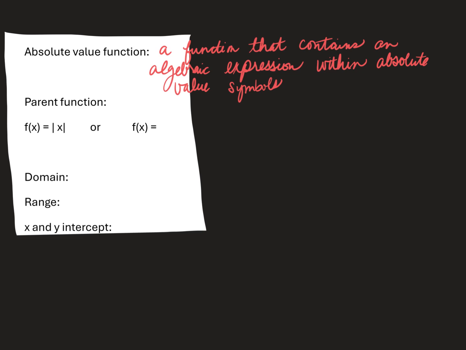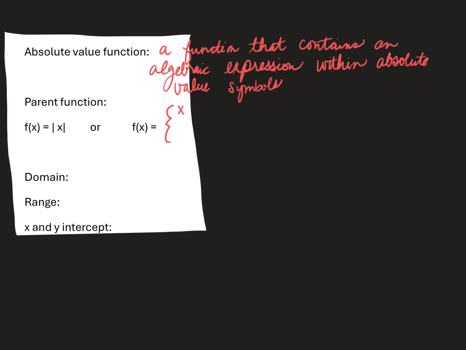The parent function for an absolute value function is f of x equals the absolute value of x. Or it can be written as a piecewise function because it's two linear expressions that meet together at one point. So it can be written as a piecewise function.